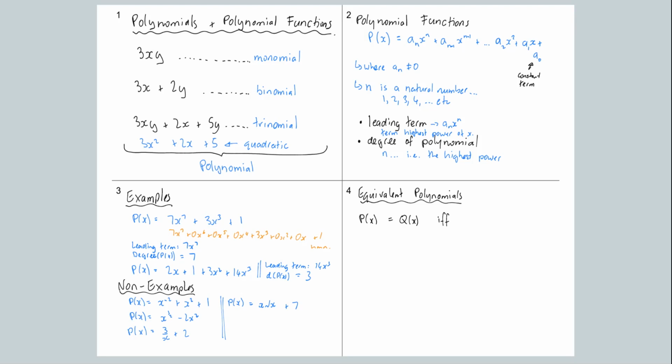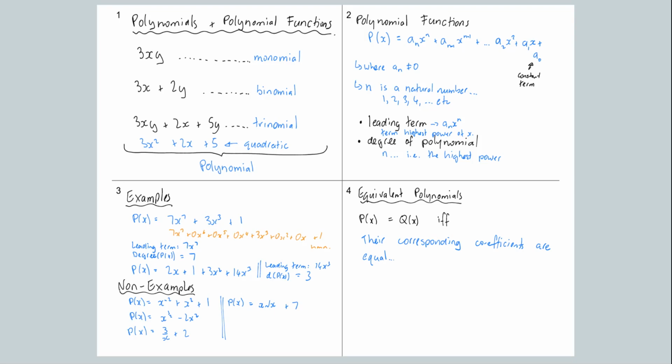See this funny old phrase here, that IFF, it's not a spelling mistake. It's mathematical short speak for if and only if, which means it works both ways. So the phrase is their corresponding coefficients are equal.